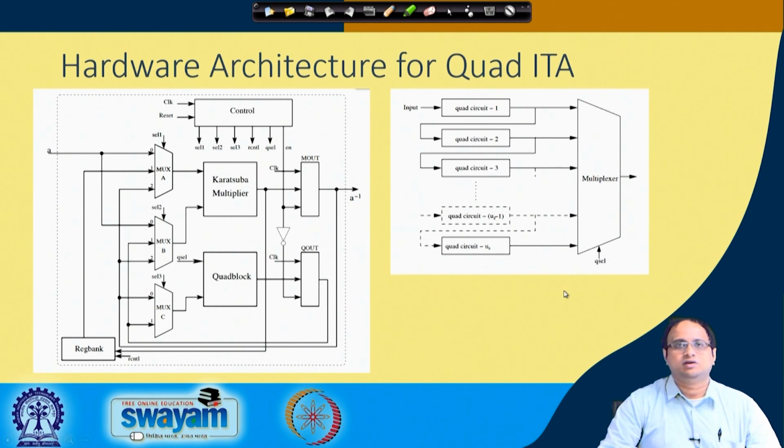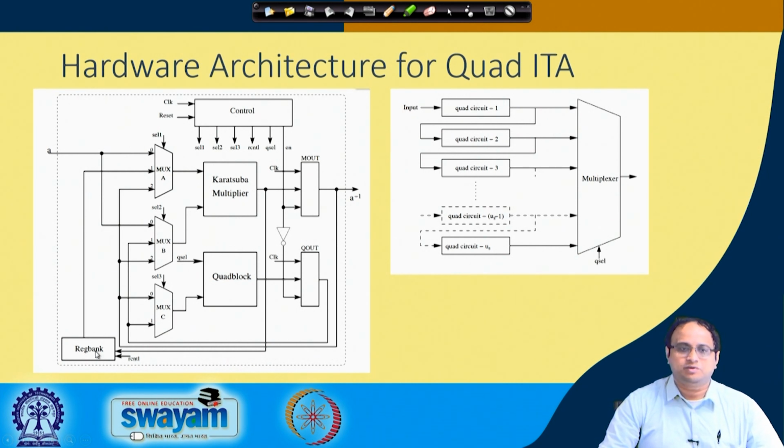Now, once you have understood the data path, you also need to understand that the data you are computing is going through transition. That means you are continuously modifying that data. Therefore, the data that you are computing on is often stored in a register bank, where you have registers in which you store them. The number of registers in the register bank will depend upon your choice of the addition chain.